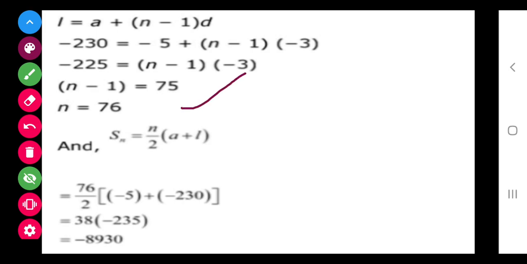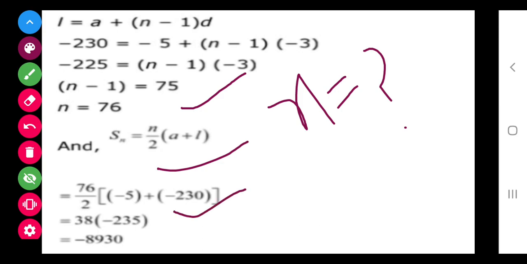After implementing the formula, they have got the value of n. Now nothing more is needed, simply we can implement the formula and we can get the value of an.